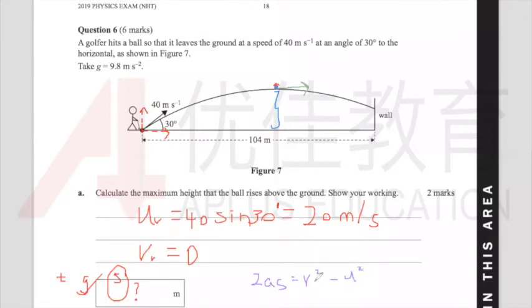The problem in this question is probably the sign. You need to be careful that the acceleration g is pointing downwards, but the displacement is going to be upwards, so there would be a negative sign here. But apart from that, if you sub in all the values, you'll be able to find s. So part A is pretty standard.